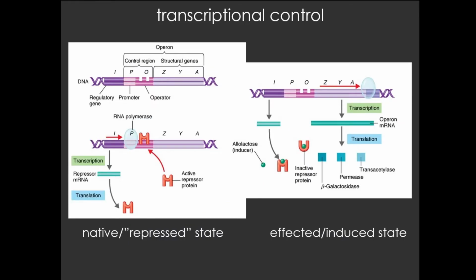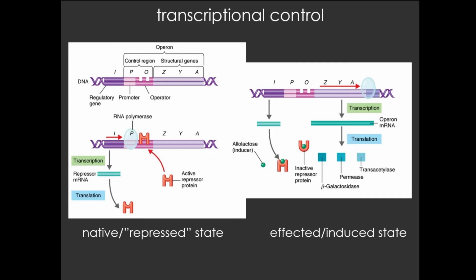If you look at the top left, you'll see again that picture of the total operon, the regulatory gene, the promoter region, the operator region, and then the structural genes whose transcription is being controlled. Note at the bottom of that diagram, transcription and translation of gene I have already occurred, and it is the product of that gene which is the repressor for this operon.